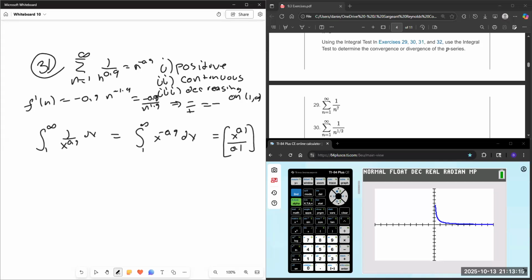And then from 1 to infinity, this is infinity to the 10th root, which is still infinity, minus 1 over the 10th, which is 10, and this is still going to infinity, and this diverges.